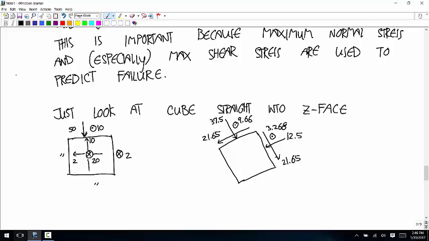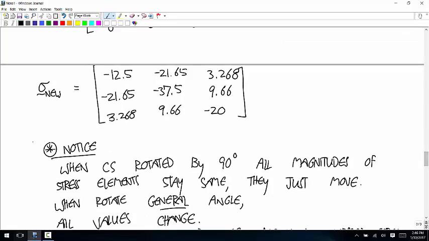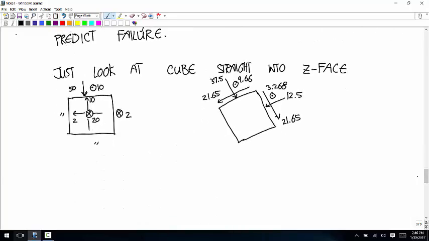And on the z face, we have 3.268. So the stresses stay the same. They just cause different components on the stress cube due to how it's rotated? That's right.